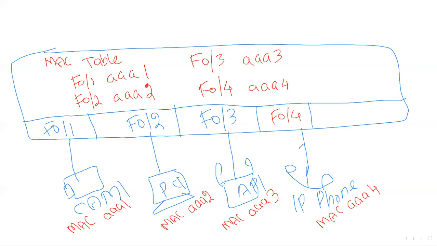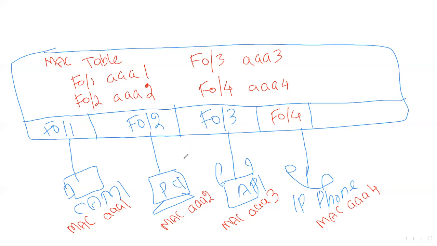The question: can we connect all these devices to the same switch? Yes or no? We will have the answer later in the session. It can or cannot, based on restrictions and requirements. But here our agenda is to understand the switch functionality.